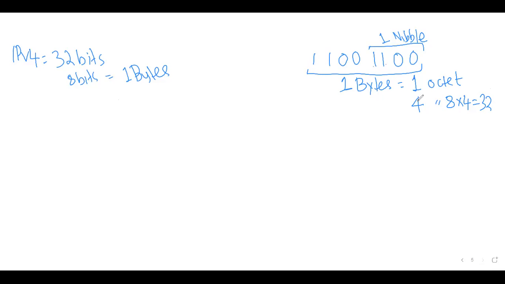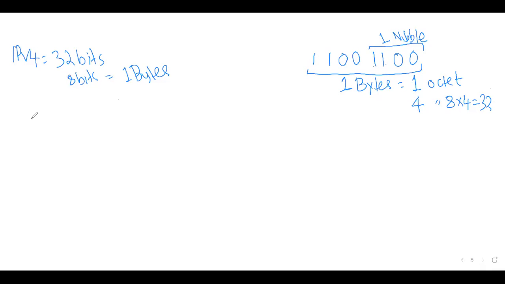So the IPv4 address is either 32 bits binary or 4 octets. Even though it is binary, we cannot address it that way. The IPv4 address will be converted into decimal. So let's say I have a 32-bit binary number.